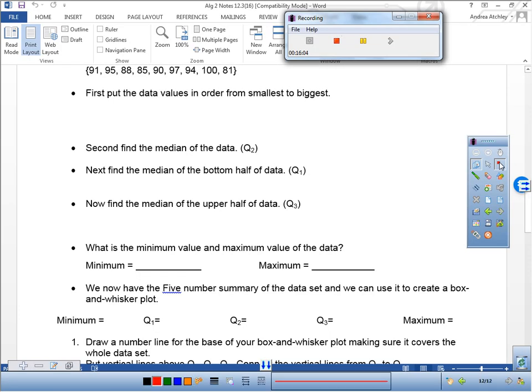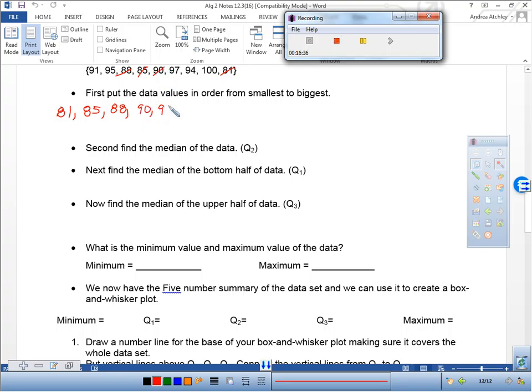Okay, so I'm going to start by putting the numbers in order from least to greatest, or smallest to biggest. So my smallest one is an 85, it looks like. 81. Thank you, let's put 81 first. Then 85. Then 88. Then 90.